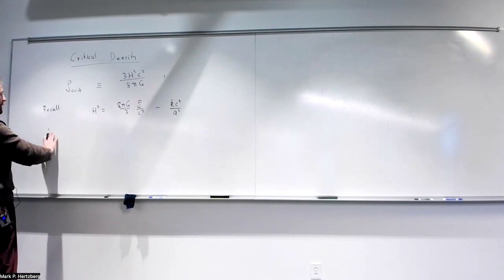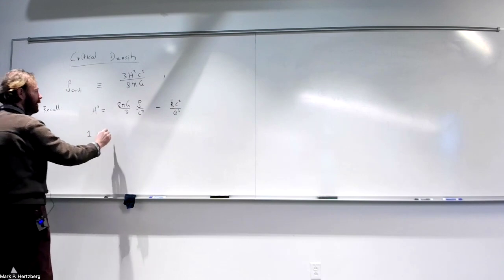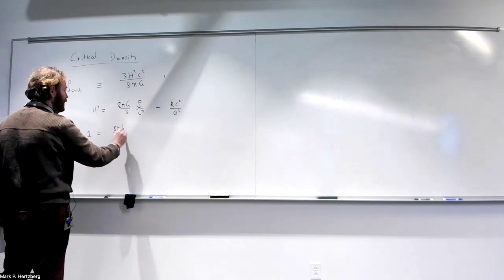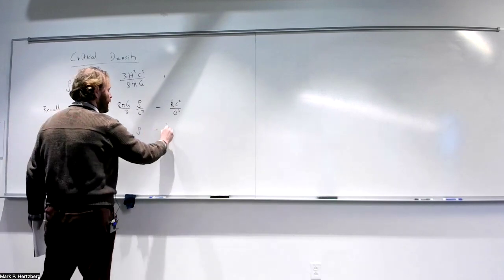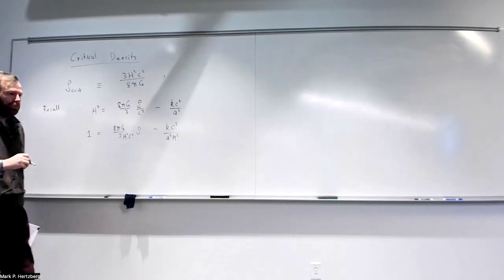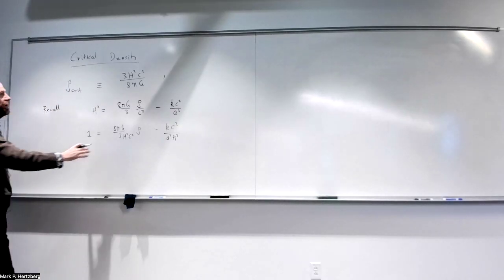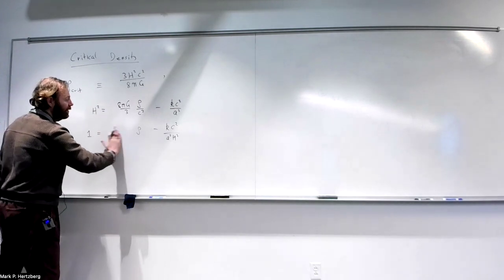What people usually do is you divide by H squared. So you get 1 would be 8 pi G over 3 H squared c squared rho minus k c squared over a squared H squared. And then I just put in rho critical here. So that whole thing is rho critical in the denominator.